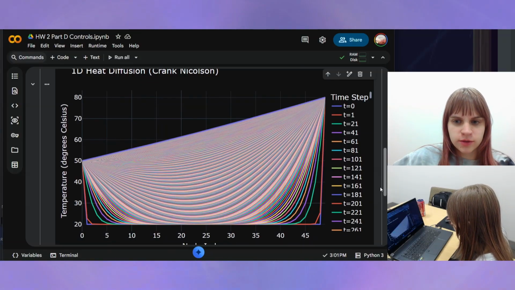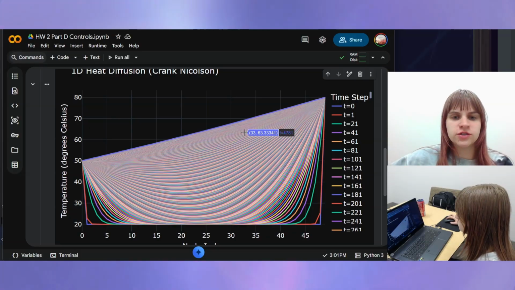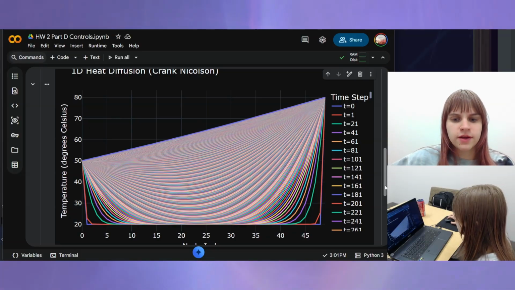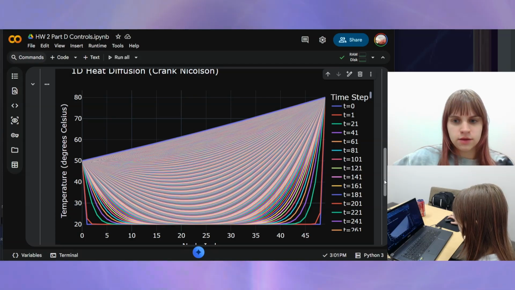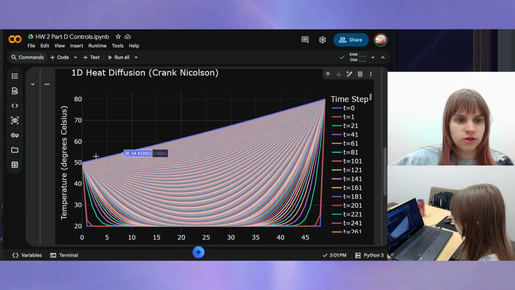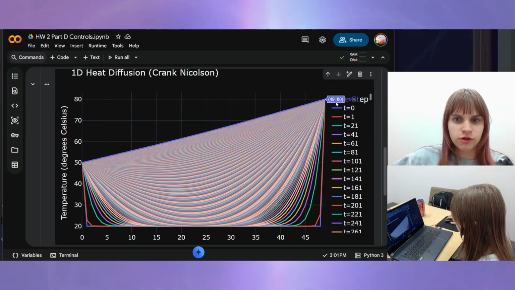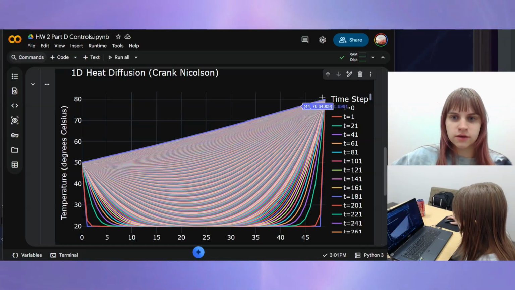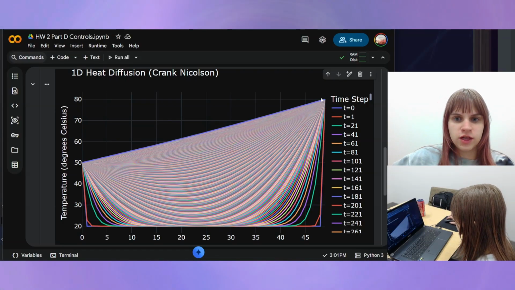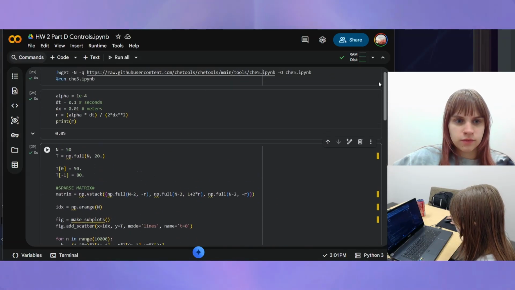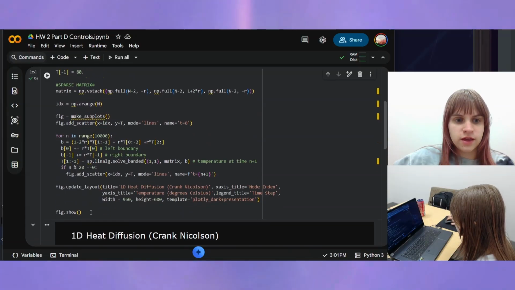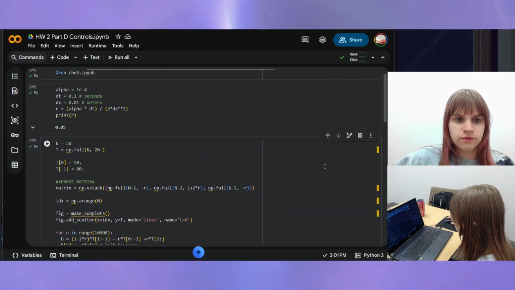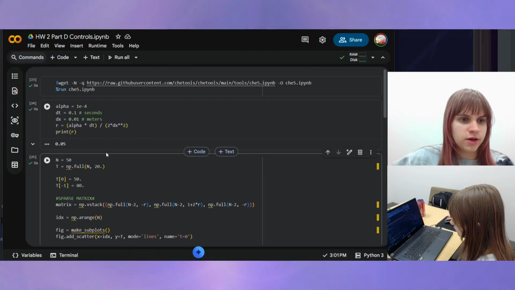We do have quite a bit of lines, so if you wanted to, you could change that modulus so that we don't have quite as many lines, but it is pretty similar to part C, except we just changed the temperatures on each side of the bar to 50 and 80 degrees. And this time we're calculating it with this implicit method from our Crank-Nicolson calculations.